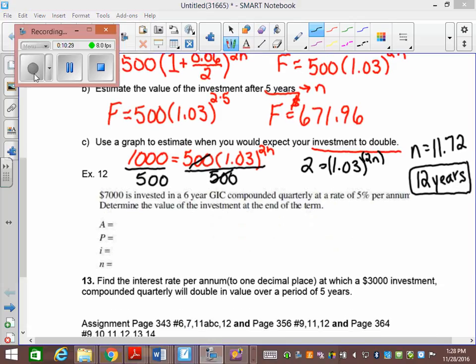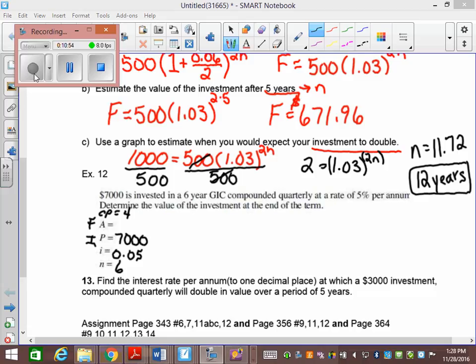Okay, so 7,000 is invested, so I'm going to put that in for the P, which is just the I, and this is the F, right? In a 6-year GIC, compounded quarterly, so CP is 4, at a rate of 5%, so 0.05. If you don't know how to get percents down, divide by 100, right?